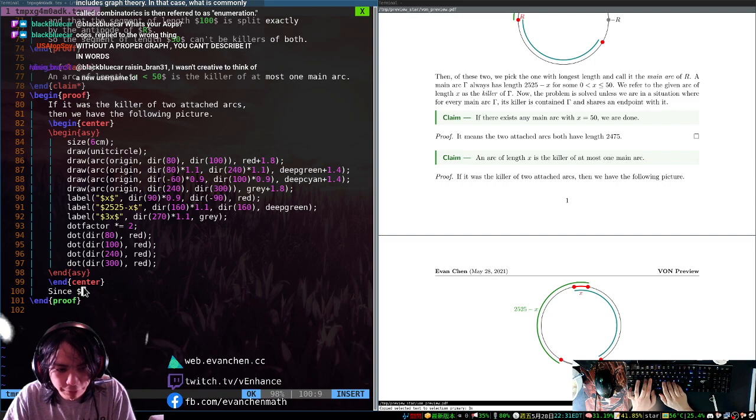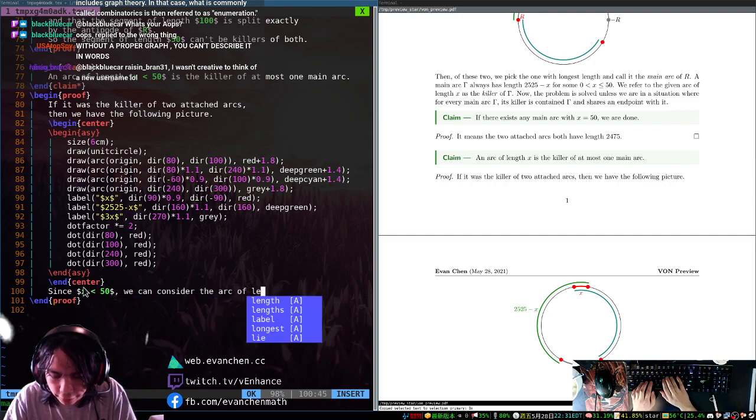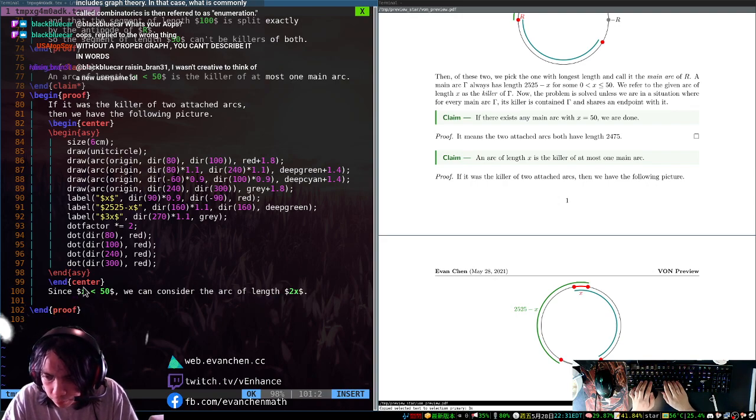So since x is less than 50, we can consider the arc of length 2x.